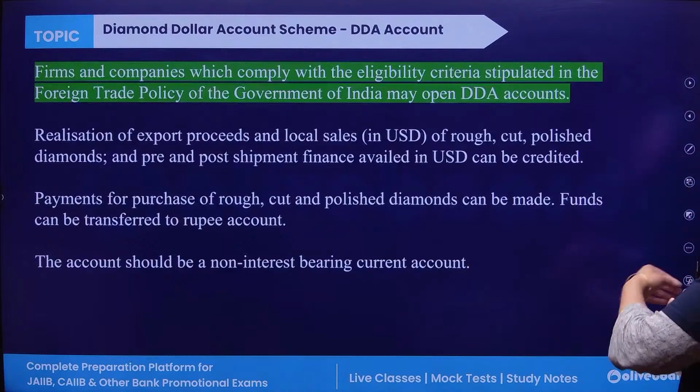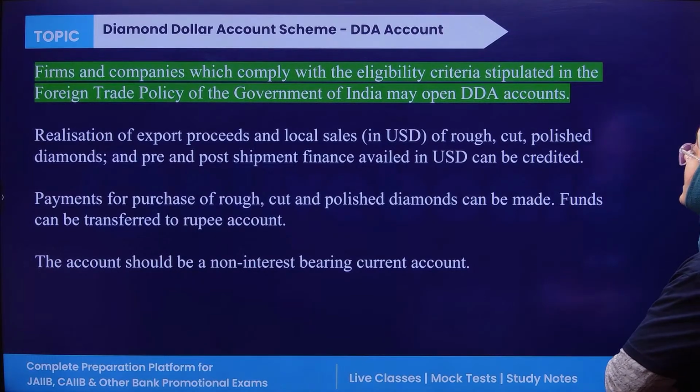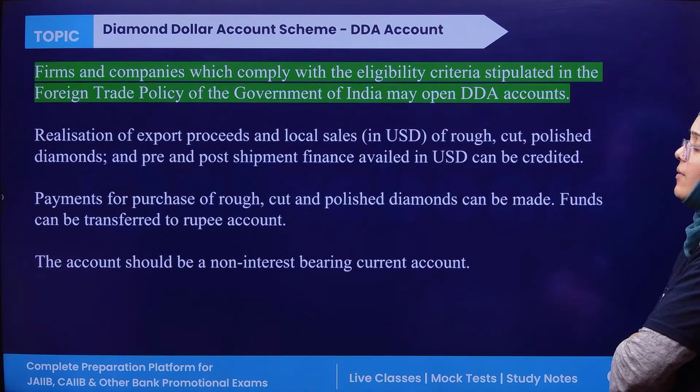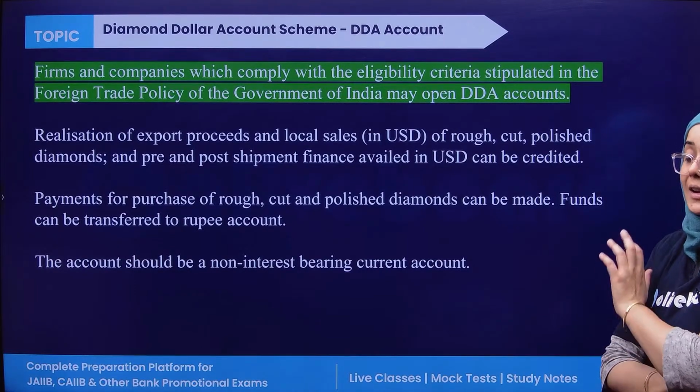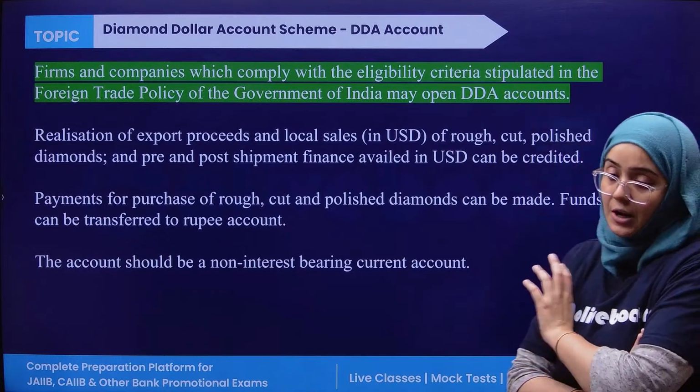The last account is the Diamond Dollar Account scheme. Now, what is the Diamond Dollar Account scheme? Firms and companies which comply with the eligibility criteria in the foreign trade policy open the DDA account for realization of export proceeds and local safeguard credit. If you are dealing with any type of rough, cut, or polished diamonds, this account is needed by you.